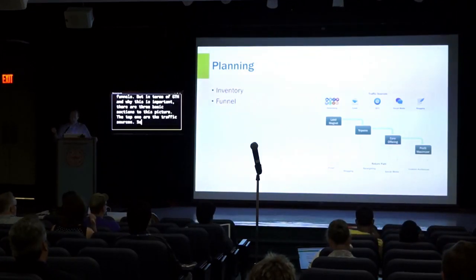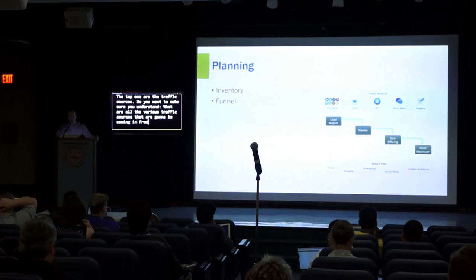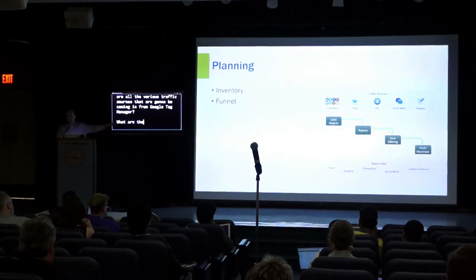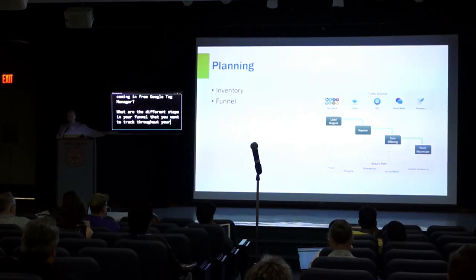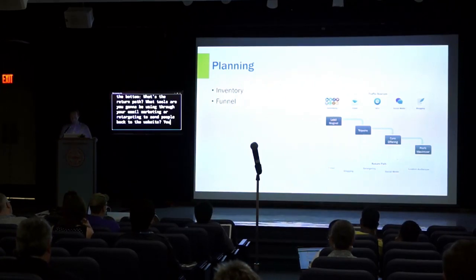You want to make sure you understand all the various traffic sources that are going to be coming in. Then, what are the different steps in your funnel that you want to track throughout your website? And finally at the bottom, what's the return path? What tools are you going to be using through your email marketing or retargeting to send people back to the website? You want to understand all of that.